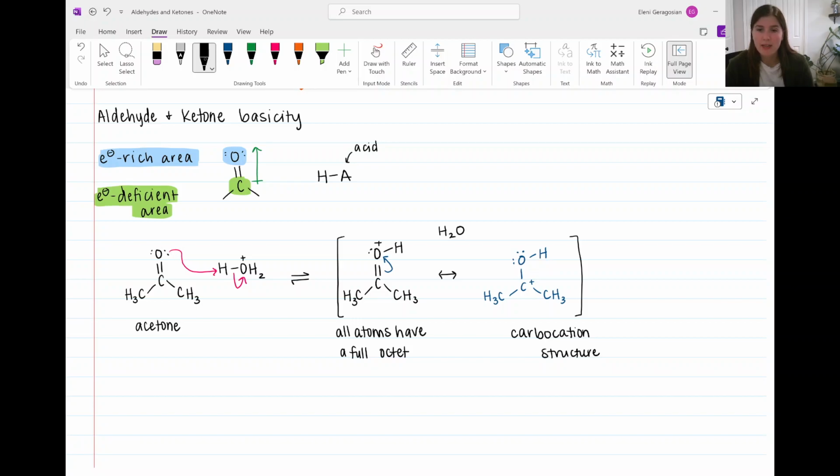So showing that a valid resonance structure has a positive charge on the carbon indicates that that carbon is even more electron deficient than before the molecule was protonated. So it helps us understand overall properties of the molecule. Remember that the actual molecule that exists in nature is a hybrid of all of the resonance structures. So we can show the different resonance structures to understand properties of a molecule.